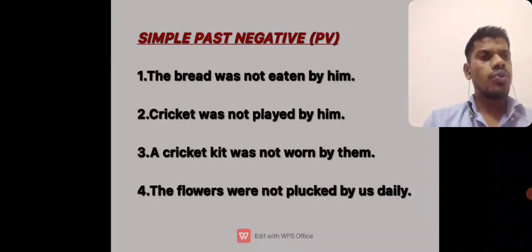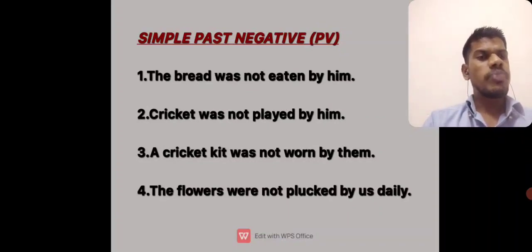After that use V3 followed by the preposition by, then the subjective pronoun becomes the objective pronoun. So the bread was eaten by him. What are the changes here? Was I used, and of course him, because in the active voice it is he, but in the passive voice he becomes him. Then was I used because the object is only one.